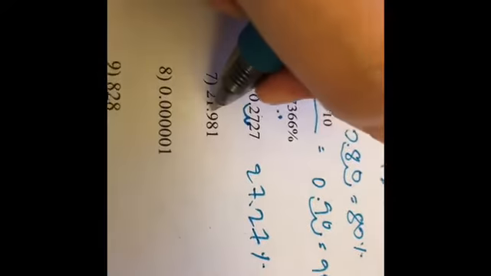Okay, the 27.27%, then 21.98.1%, the 0.0001%.